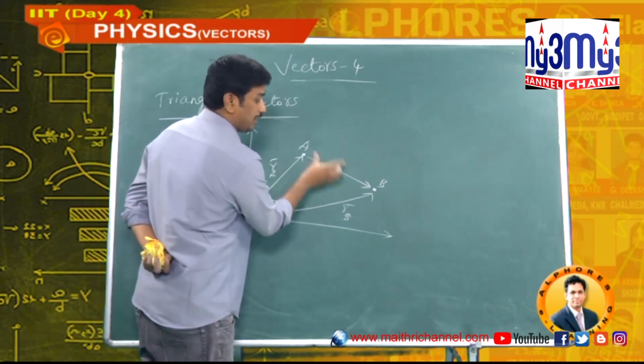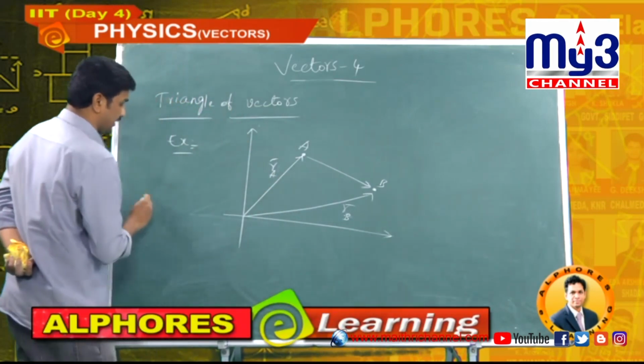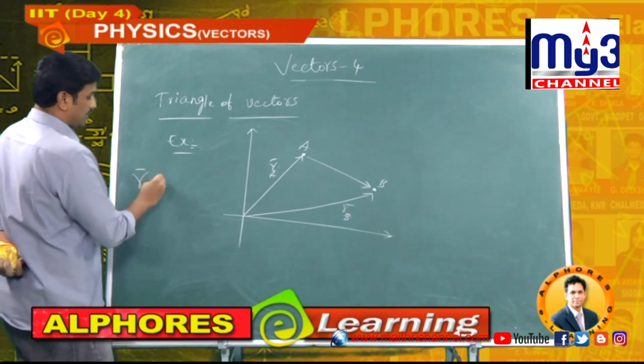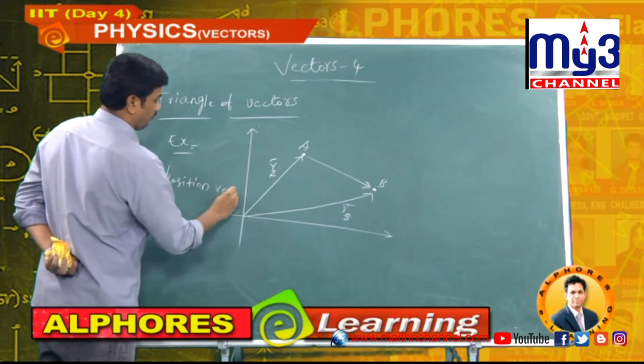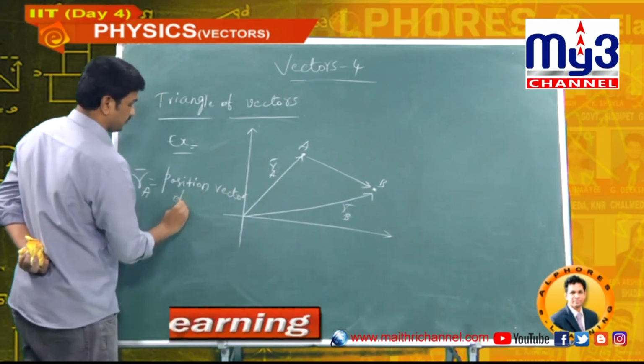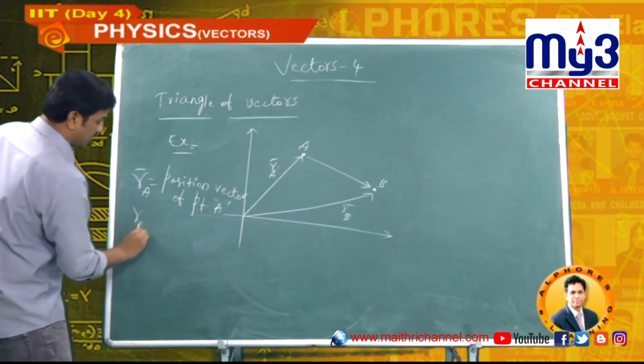Now we should calculate AB. How to calculate AB? I will write here RA bar, the position vector of point A. What is RB bar?